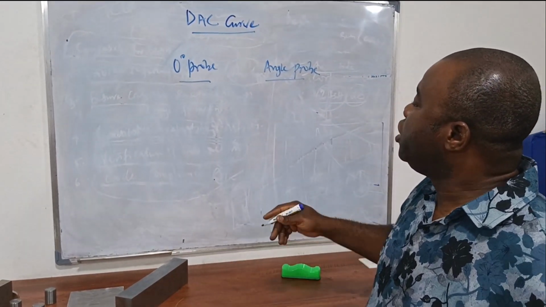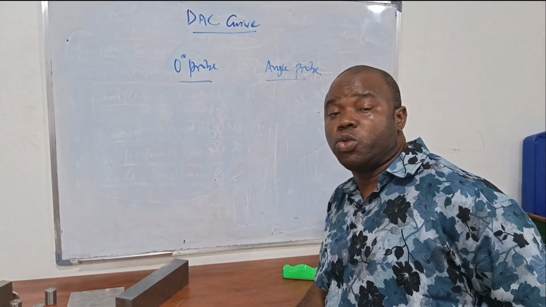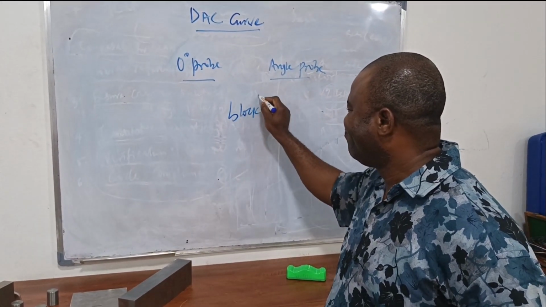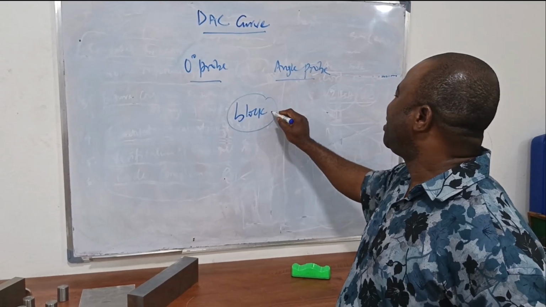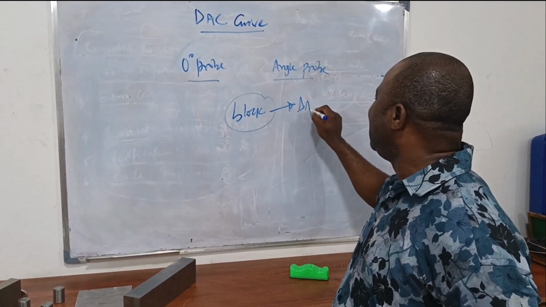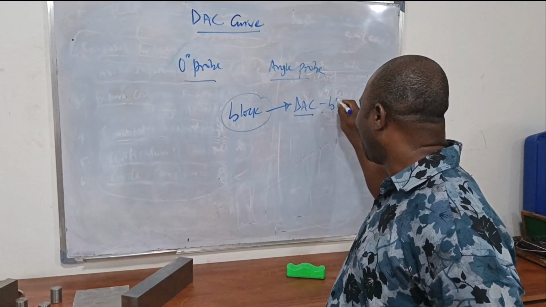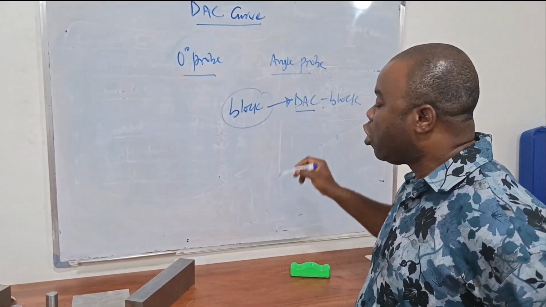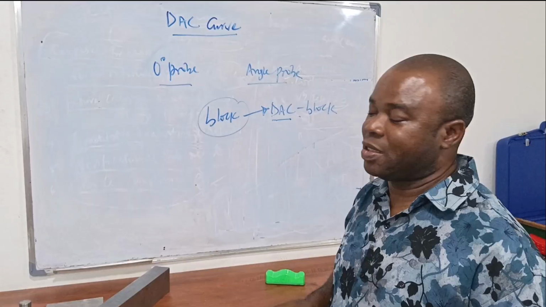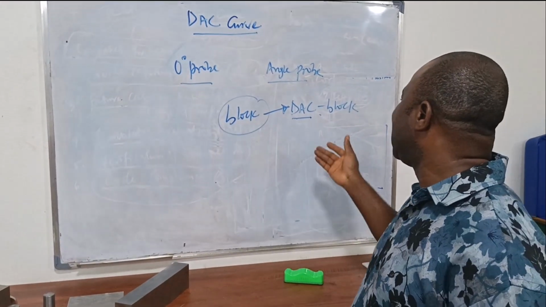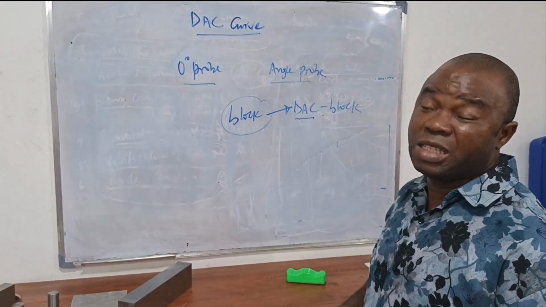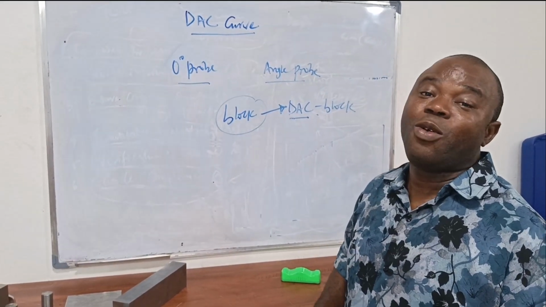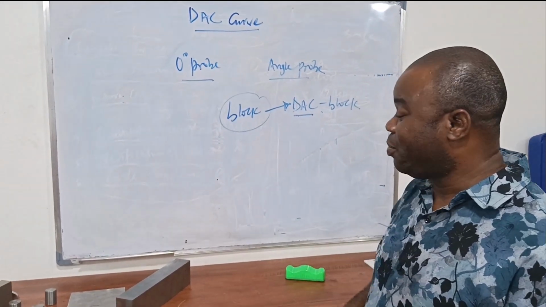The first thing you need to have if you want to do your DAC curve is a block. Some people will say you should have a DAC block. There are some blocks that are specifically called DAC blocks because they are designed specifically for the purpose of DAC. Some other blocks, you can use them for DAC, and at the same time you can use them for other purposes. This is a typical attenuation block. They come in different sizes for different purposes.